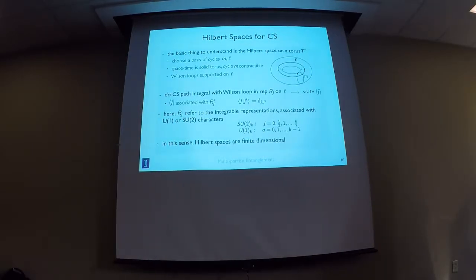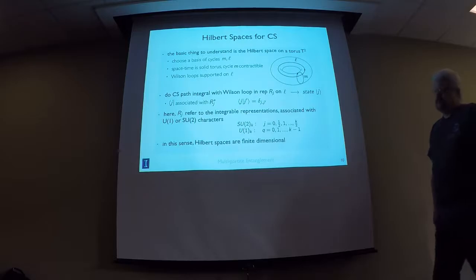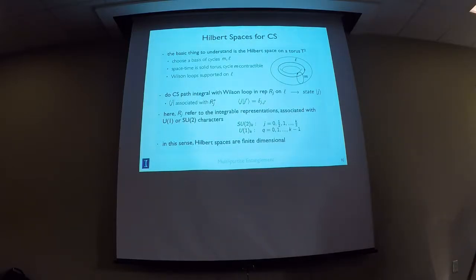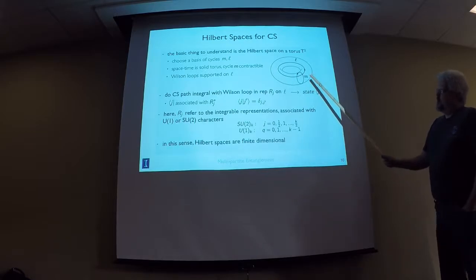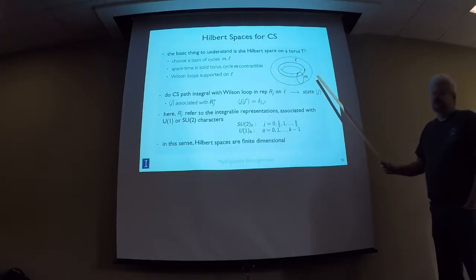Okay, so before I go on, let me back up and understand a little bit about the Hilbert space on a 2-torus. As I briefly said a few moments ago, you can think about that as related to Wilson loops, and the way that that comes about is as follows. I'm taking space to be a torus.